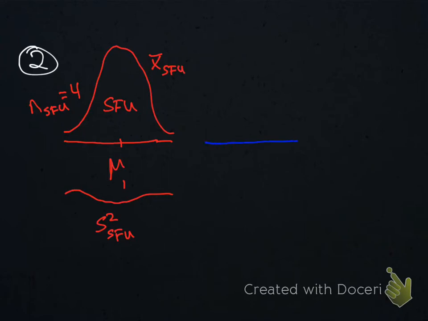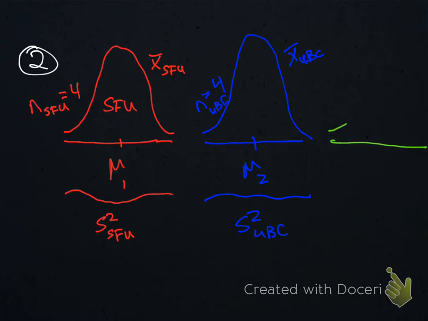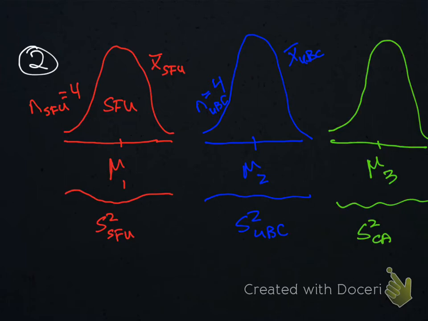We could have UBC's population with their population mean, a UBC specific population variance, a UBC specific sample size again of 4, and a UBC specific sample mean. And we might also have Capilano as having a unique population with its own population mean, its own sample variance of only the CAP scores, its own sample size of only the Capilano scores, also of 4, and its own Capilano sample mean.